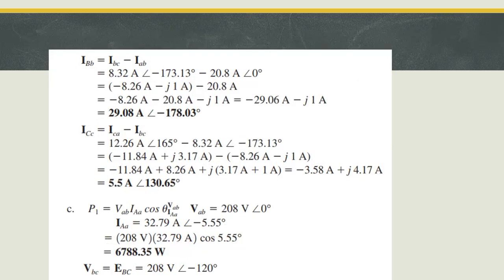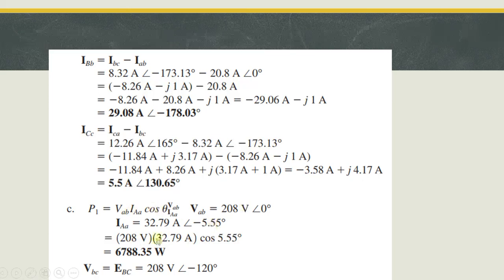The total power P equals VA into IA into cos phi. In order to find the real power, for the wattmeter connected to a corresponding phase, you take the corresponding phase voltage and the corresponding line current to determine the power. In this case the IAA current is taken, and similarly the corresponding power factor angle is taken.